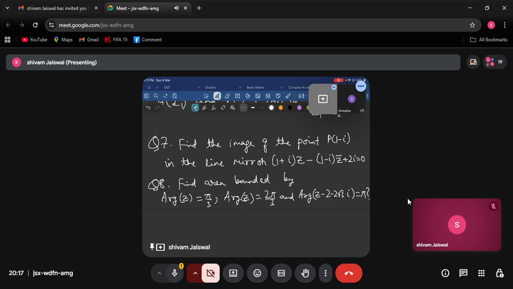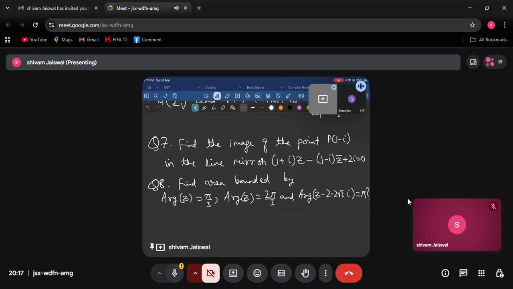Solve. Convert the equation of the straight line into Cartesian form and then try. Then try, I think you will get it. Should I start? Tell me. Okay, solve quickly. Sir, I'm sorry. Okay.